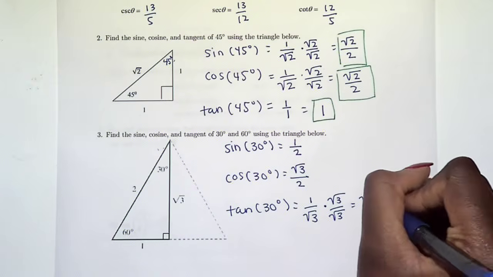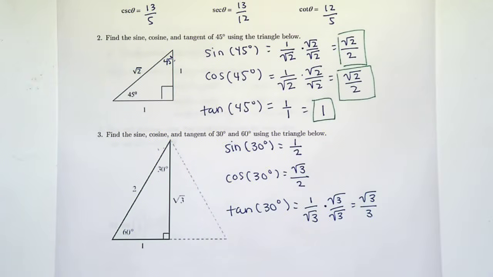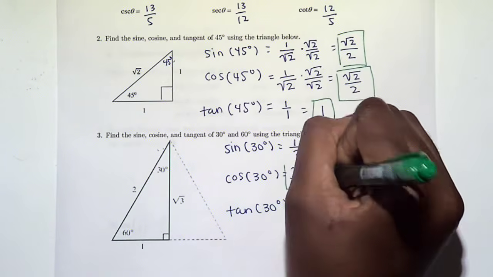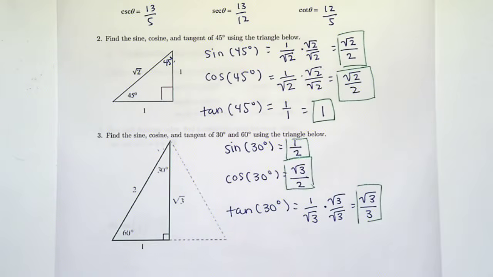So we get square root of 3 on the top and just 3 on the bottom. Okay, so we were able to find those 3 trig functions of 30 degrees.